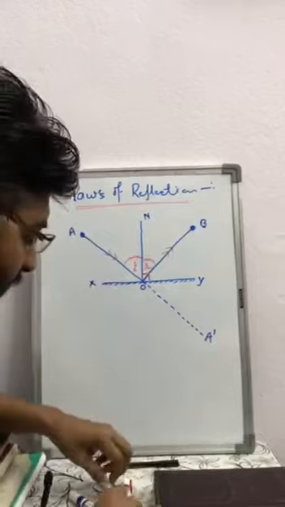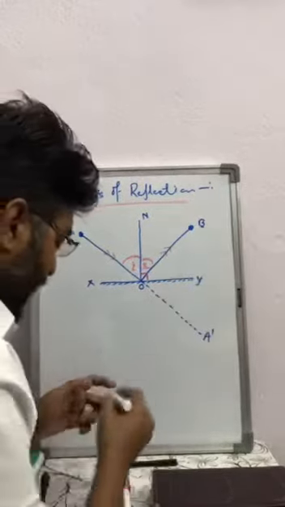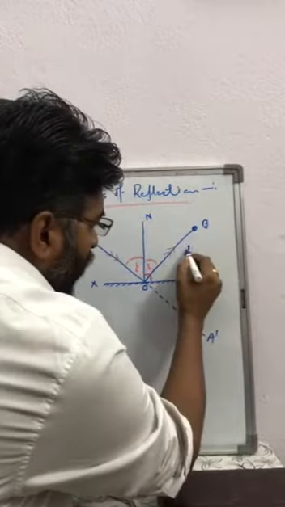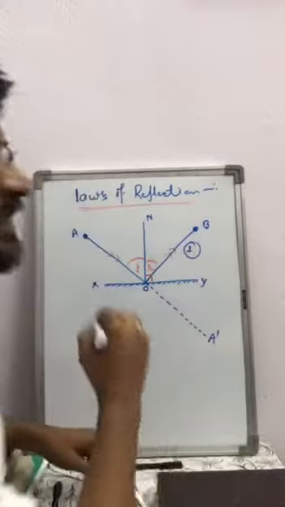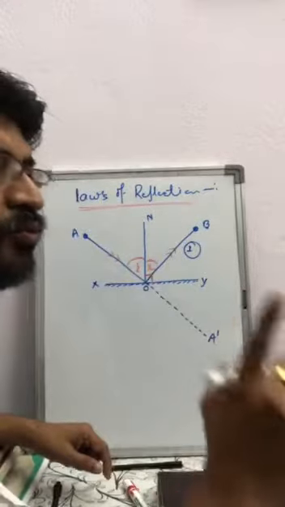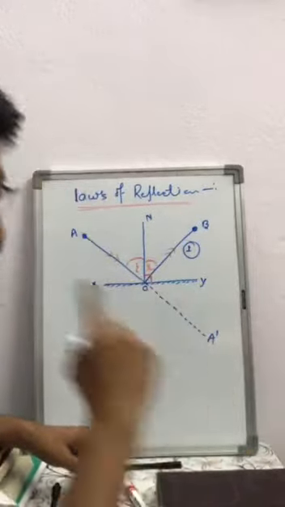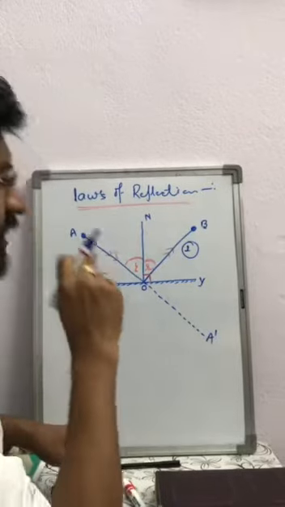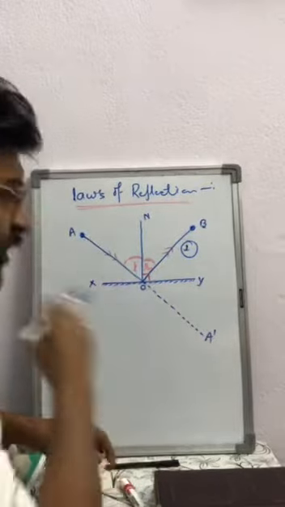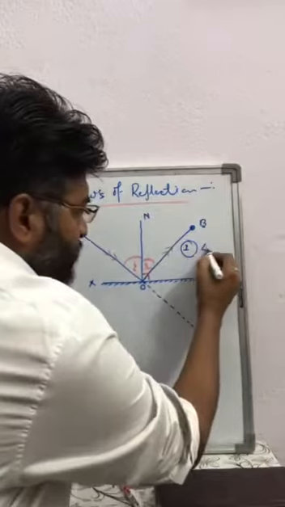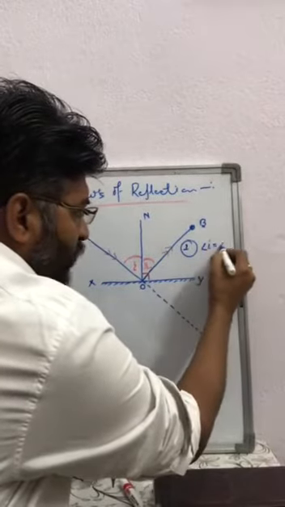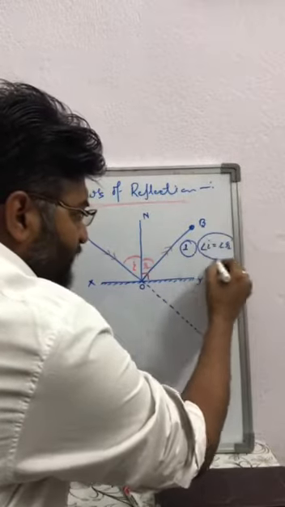The first law is only applicable for the regular reflecting surface. So for a regular reflecting surface or for regular reflection, according to the first law, angle i is equal to angle r. That is the first law.